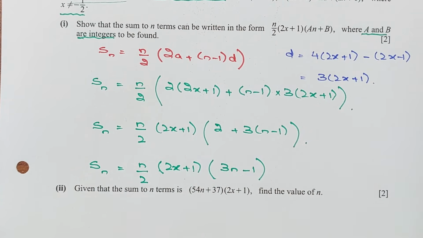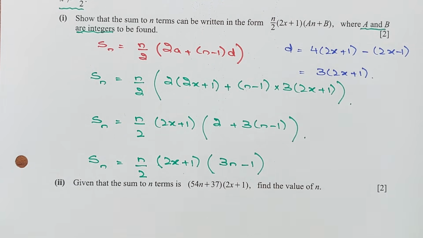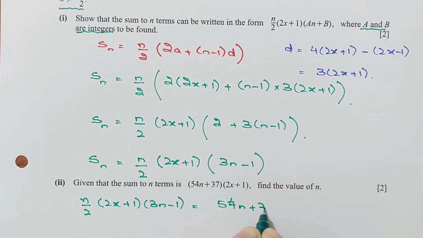Now for the second part, given that the sum to n terms equals this, find the value of n. So we put them equal. n by 2 into (2x plus 1) into (3n minus 1) equals (54n plus 37) into (2x plus 1).